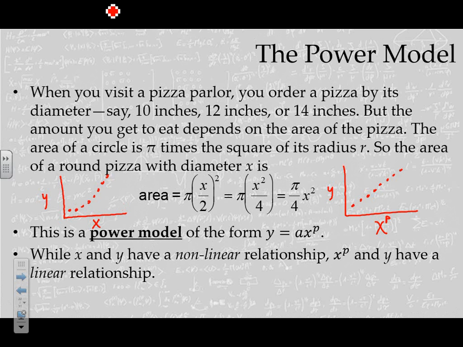But if I were to graph x squared versus y, so if I took all of my squared x values, so 1, 4, 9, 16, 25, 36, and so on, those values will relate to y linearly. They will relate to each other in a linear fashion.